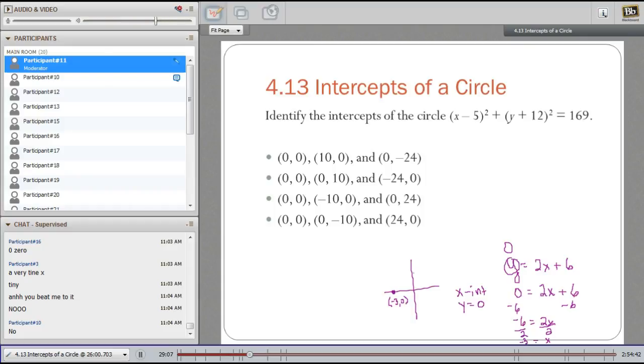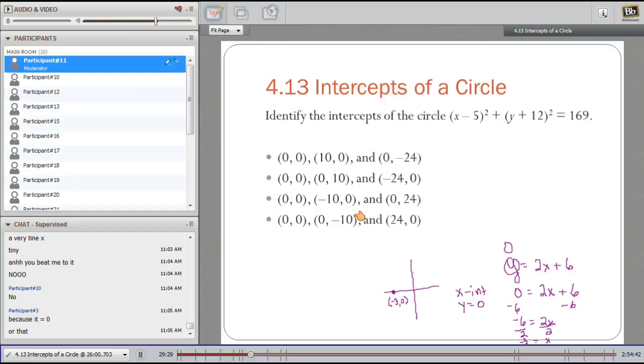Michaela got us off on that tangent. We're going to go with that and talk about test-taking skills, okay? Because it's in every single answer, right? So it has to be 0, 0. 0, 0 has to be an intercept. Yeah, that's what I was going for there, Tristan. But these others are different, so definitely plug these in.